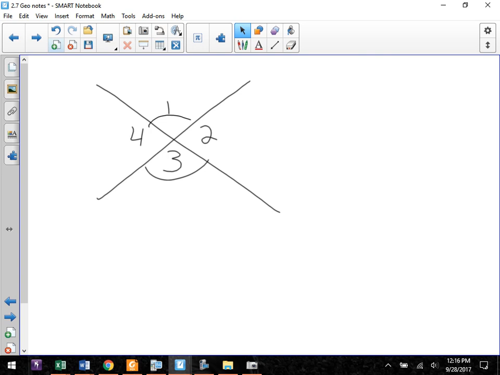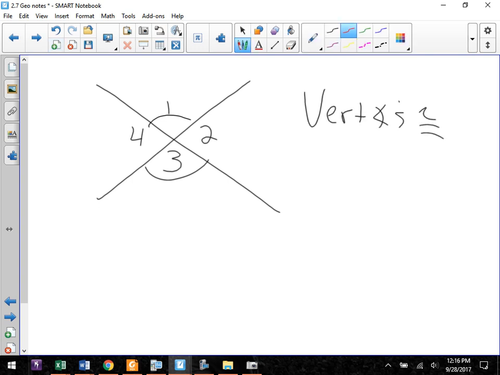What happens with vertical angles is it's a long-winded definition. Vertical angles are congruent because they're the same angle. As you go through it, angles are made up of sides, two sides that meet at the same vertex.